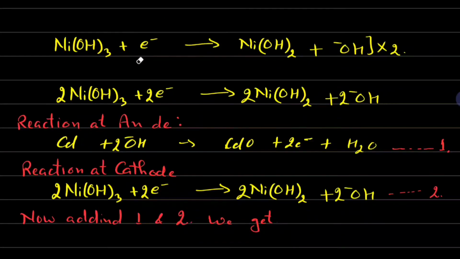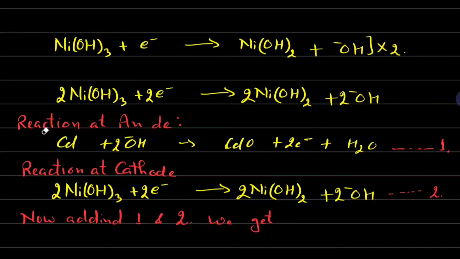Now here, beta, if you see, nickel trihydroxide plus 1 electron gives nickel dihydroxide plus 1 hydroxyl ion, multiplied by 2, just to balance these electrons, beta, because at the anode 2 electrons are lost. Clear? So we have to multiply this whole reaction by 2, beta, and we'll get this one. So 2 here, 2 here, 2 here, 2 here.